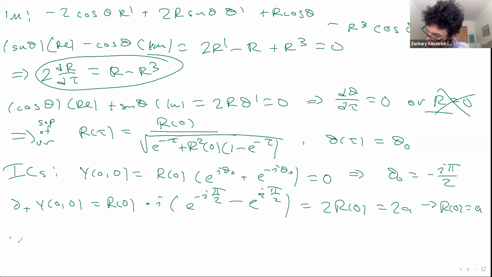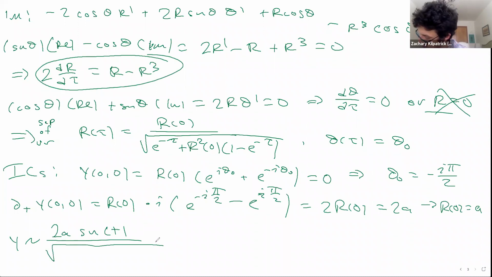So at the end of the day, what we have is y is approximately equal to 2a sine of t divided by the square root of e to the minus epsilon t plus a squared times (1 minus e to the minus epsilon t). Okay. So that implies that y is approximately 2 sine of t as t goes to infinity.